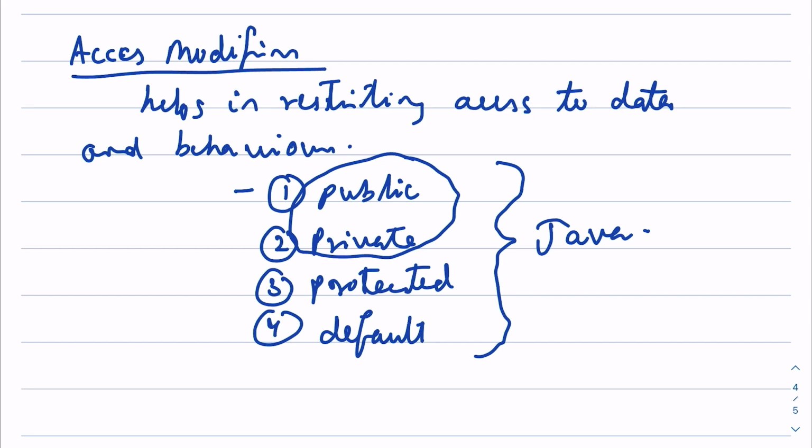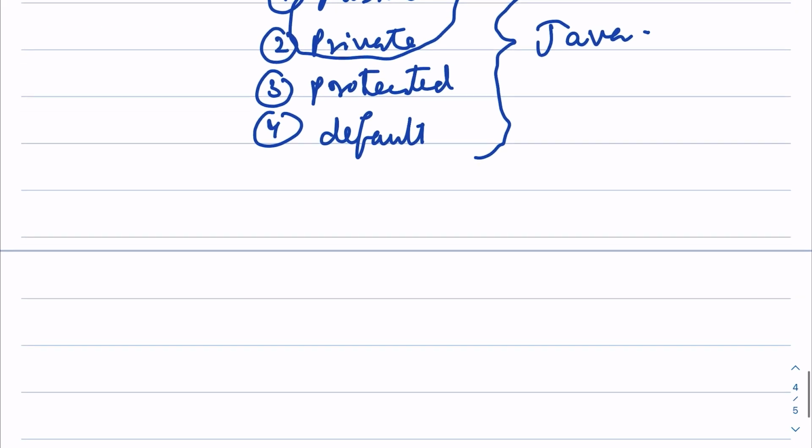So let's see how the access modifiers are arranged in Java. I'm arranging this based on strictness. The first access modifier has the highest strictness and it goes on decreasing.